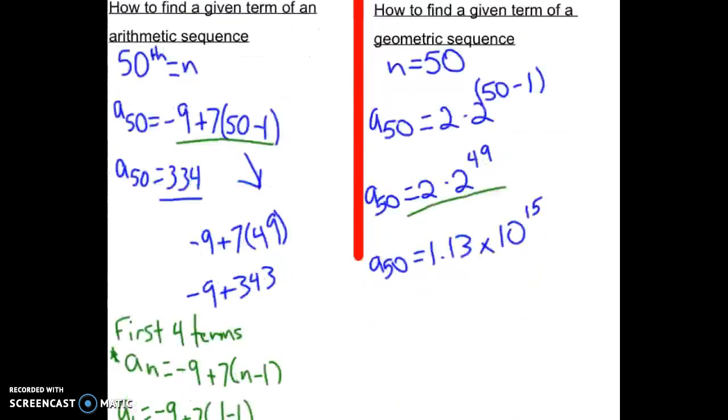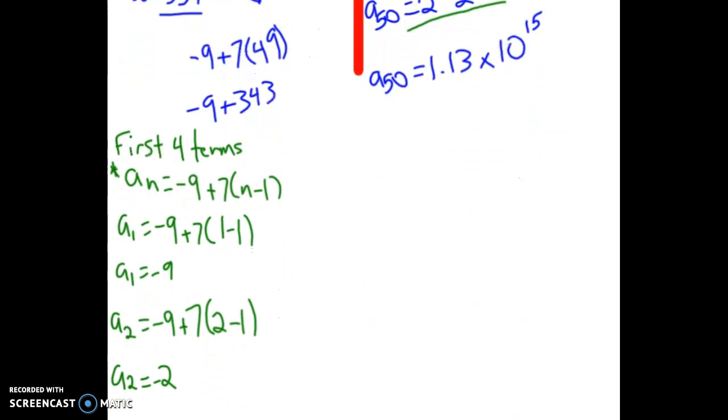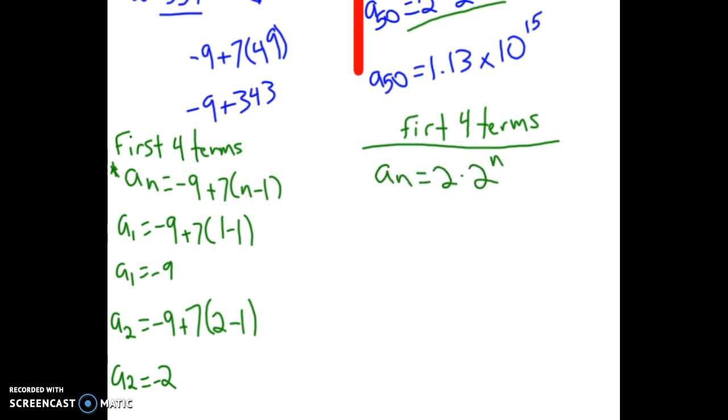In the geometric sequence, it's the same thing. If I'm given this explicit formula, a sub n equals 2 times 2 raised to the n minus 1, and I want to find the first four terms, for the first term, a sub 1, I put 2 times 2 raised to the 1 minus 1.